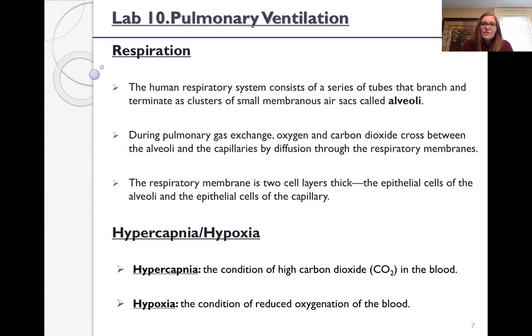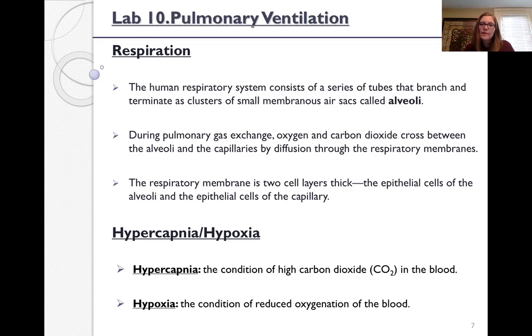All right, a couple other things. The human respiratory system consists of tubes within the lungs, and during pulmonary gas exchange, oxygen and carbon dioxide diffuse through the respiratory membranes, which are two cell layers thick, the epithelial cells of the capillary.